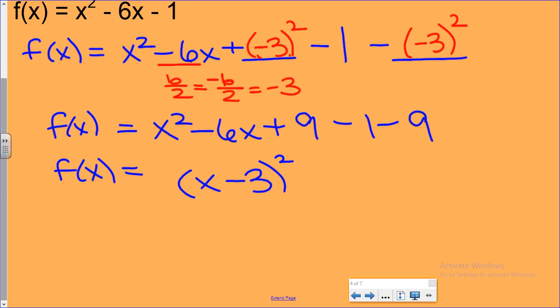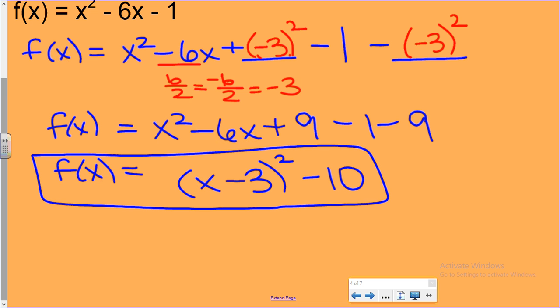It should always factor to a binomial square. That is the purpose of completing the square. And then left over we have minus 1 minus 9. There is our quadratic written now in standard form.